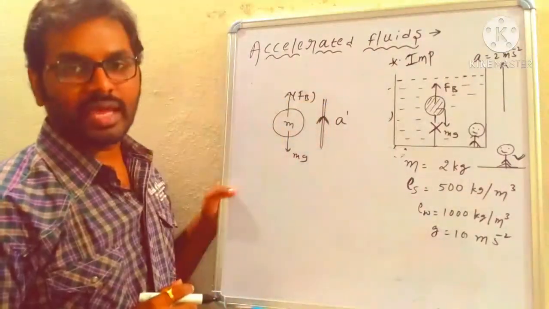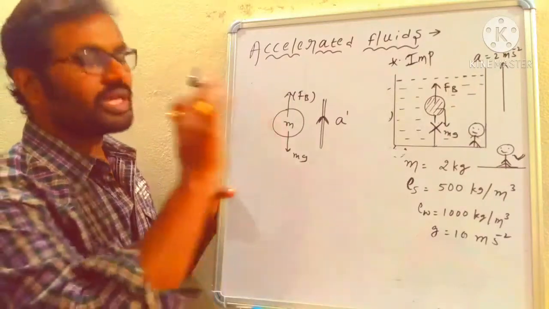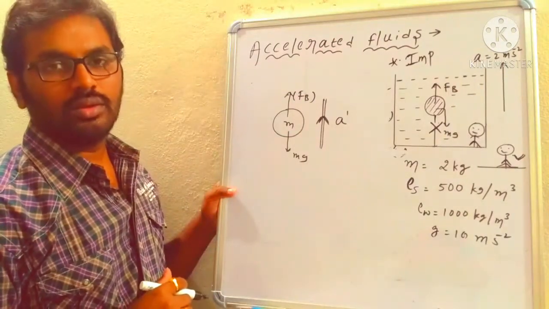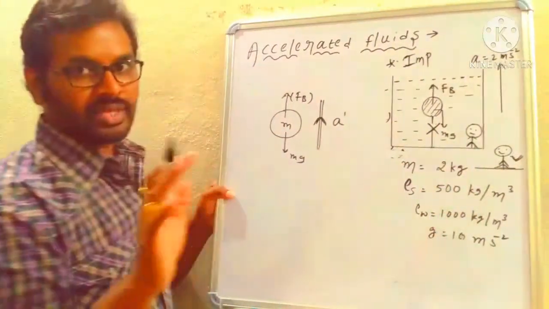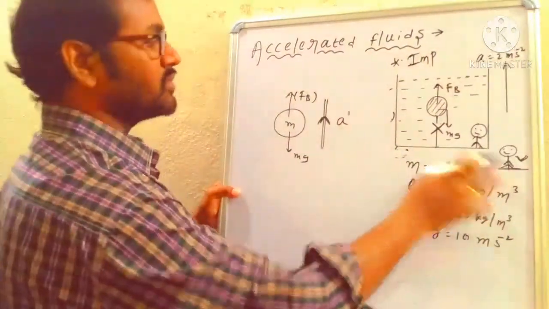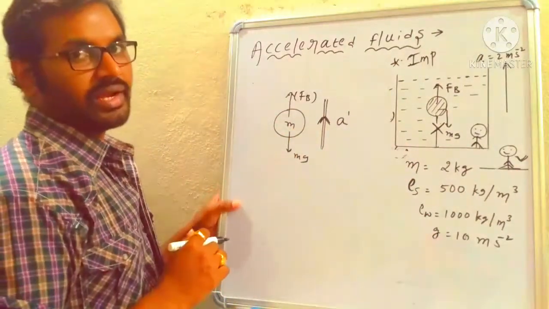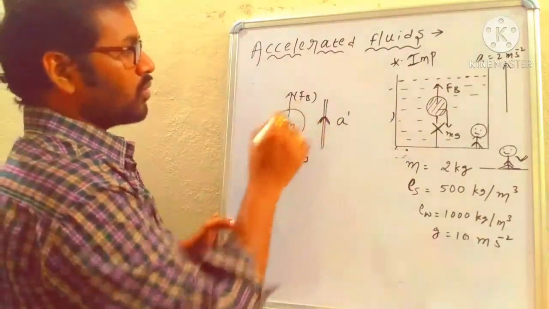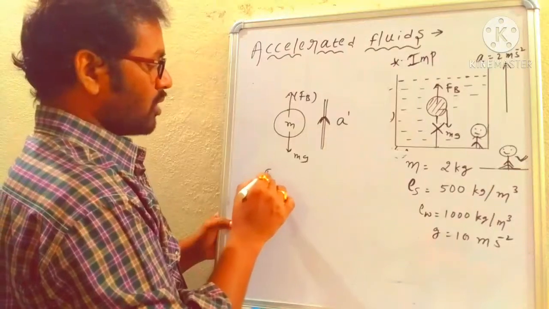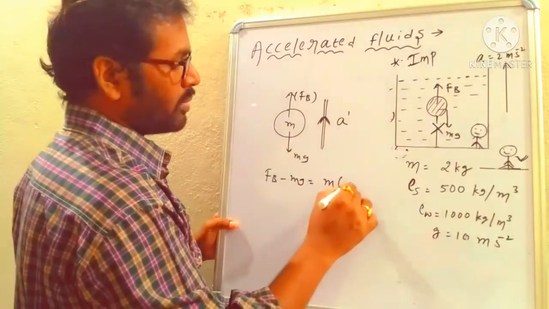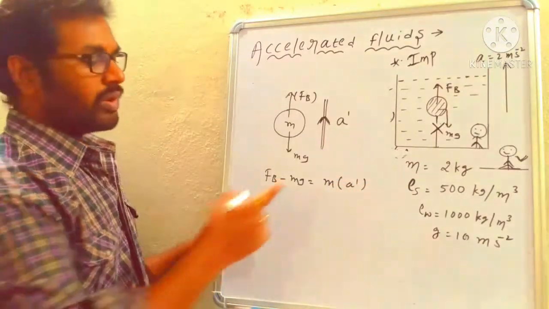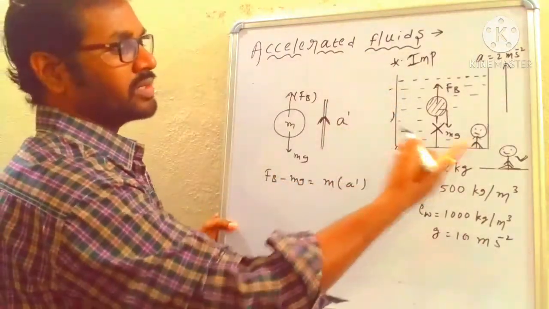It is moving upward with a different acceleration. Now I'm writing this equation in the inertial frame. So this person is observing this acceleration a dash. So what we can write? Buoyancy force minus mg, which is equal to m into a dash, where a dash is the acceleration of the sphere in the inertial frame.